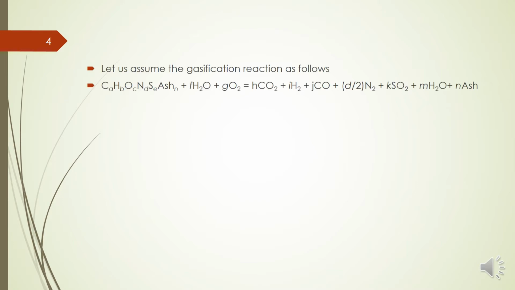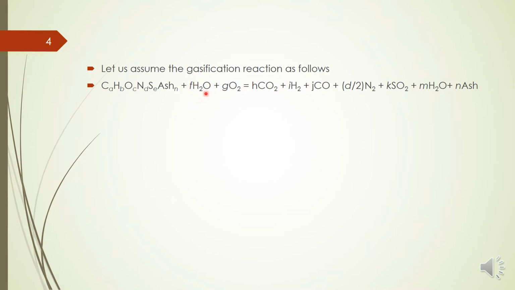Now we have to write the equation of gasification. So typically we can use this equation. So this is our biomass molecular formula: CaHbOcNdSeAshN, and we are using steam as well as oxygen. So the oxidizing agent is oxygen, and in addition to that we are using steam also.